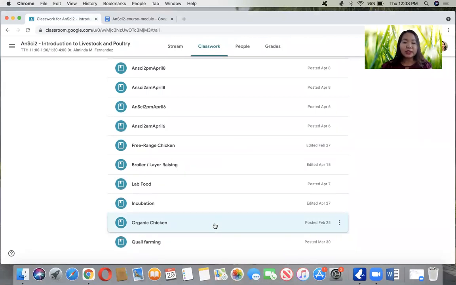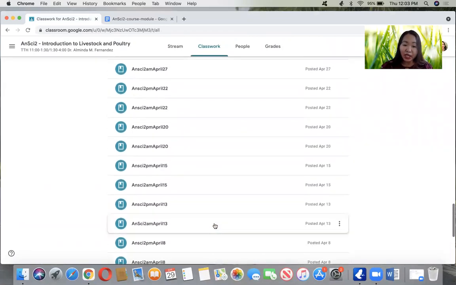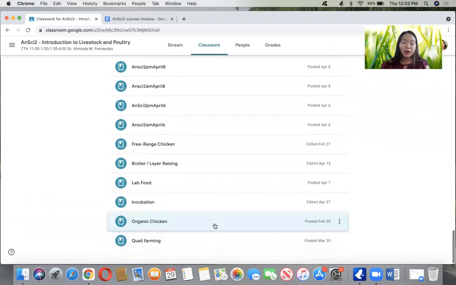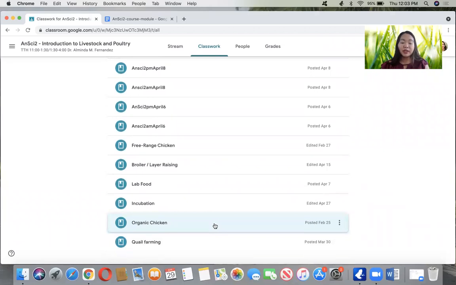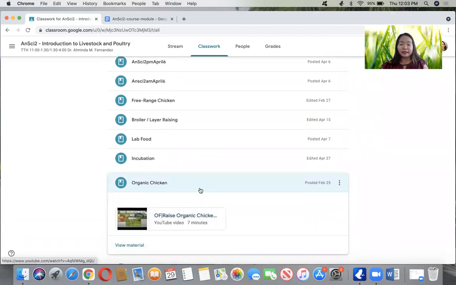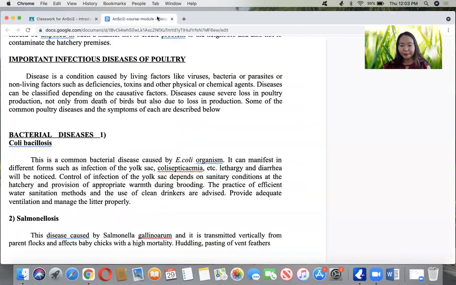Although it's free range, in free range they are just not inside the cage or poultry house. They are ranged everywhere, but you can still do a conventional or commercialized one. But for organic chickens, it's completely organic. So let's watch this later.